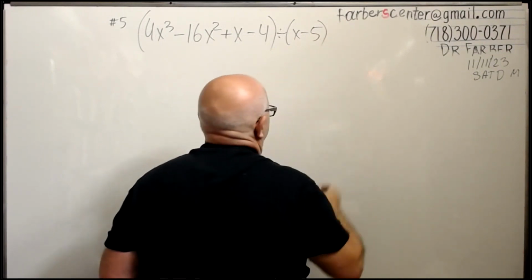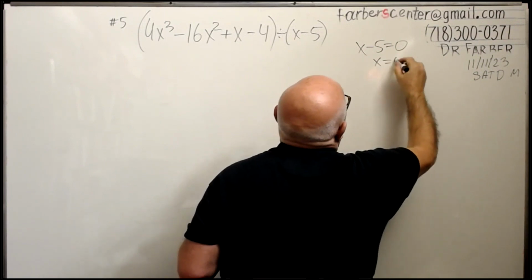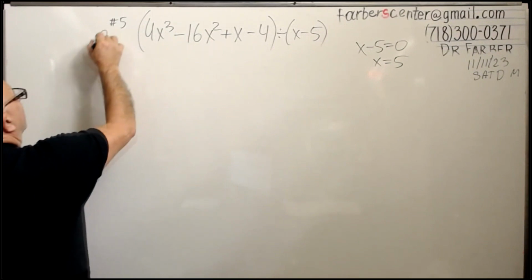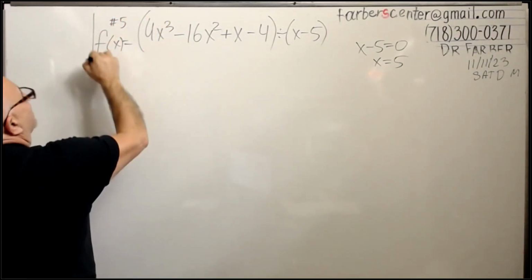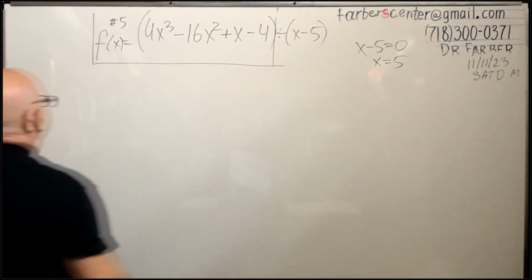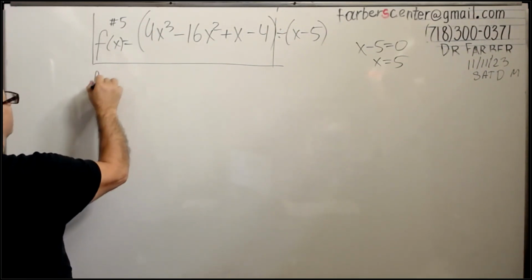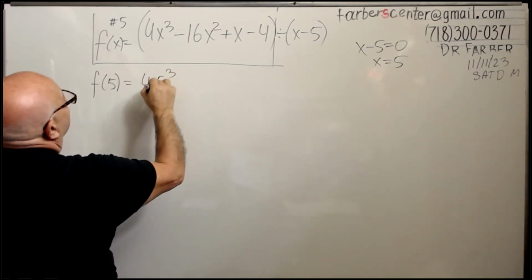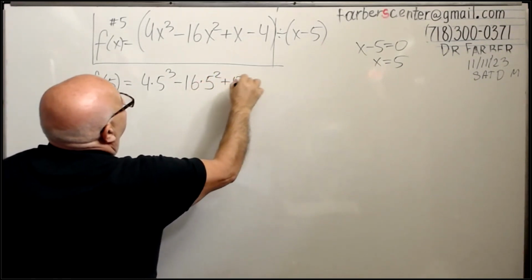Set up a factor: x minus 5 equals 0, x equals 5. Imagine we have a function, f of x, that equals this. By the remainder theorem, you have to plug in f of 5 instead of x: 4 times 5 to the third minus 16 times 5 to the second plus 5 and minus 4.